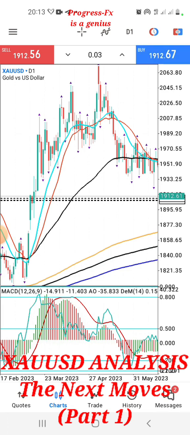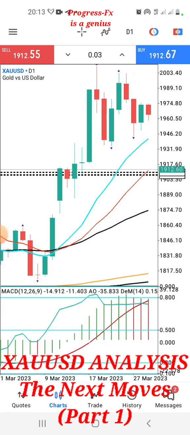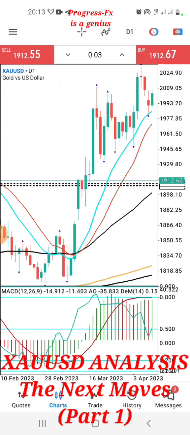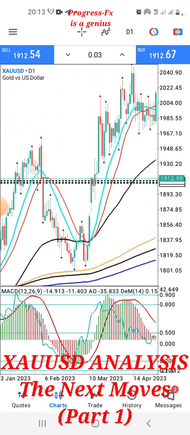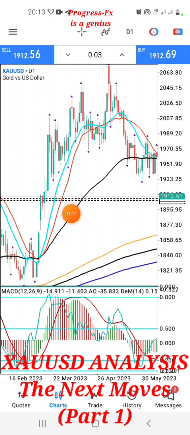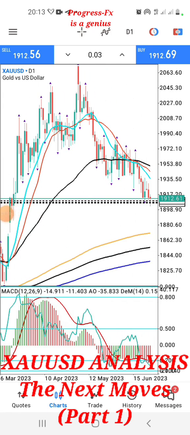I told you that when gold gets to this last demand and supply area, this particular red candlestick, once it retests it, it is going to start a reversal, even if it is not a full-time reversal, it's going to reverse to some extent before continuing the trend again.